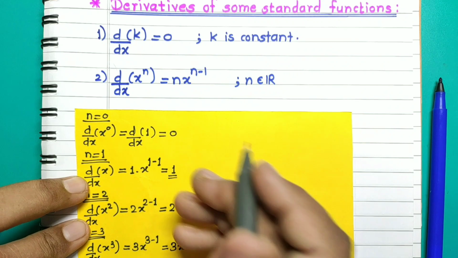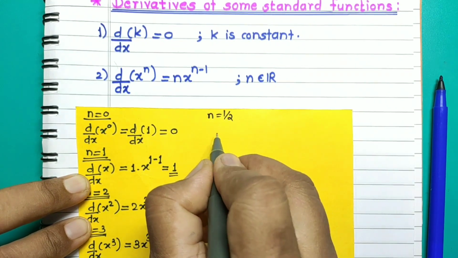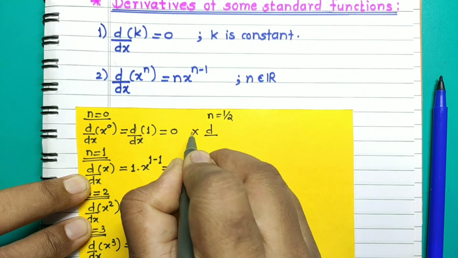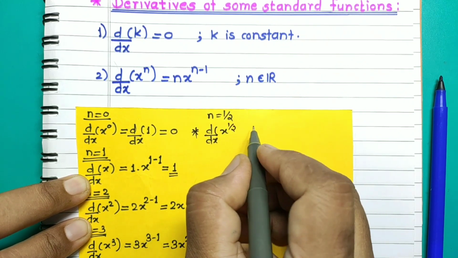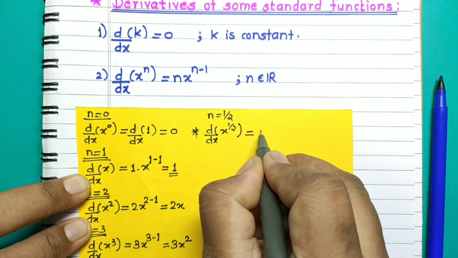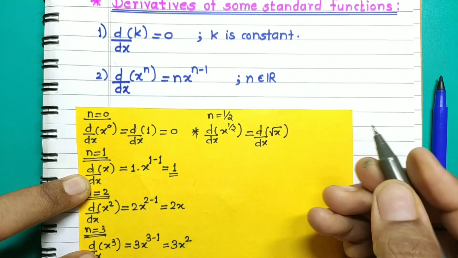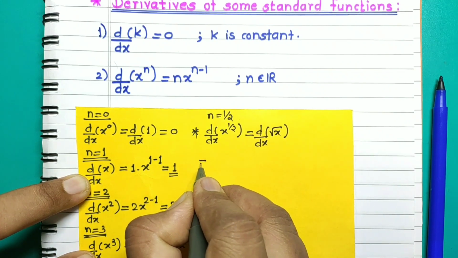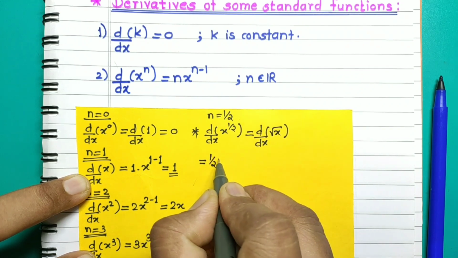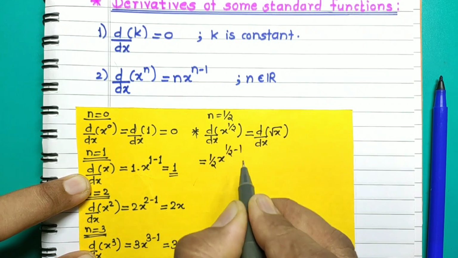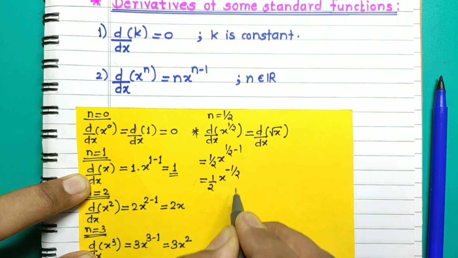Now see, if n is equal to half, then it is nothing but the derivative of x raised to half. That means it is the derivative of root x. Substituting n is equal to half, we have half into x raised to half minus 1, so half into x raised to minus half.